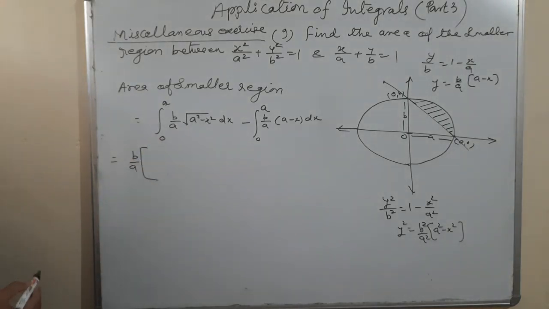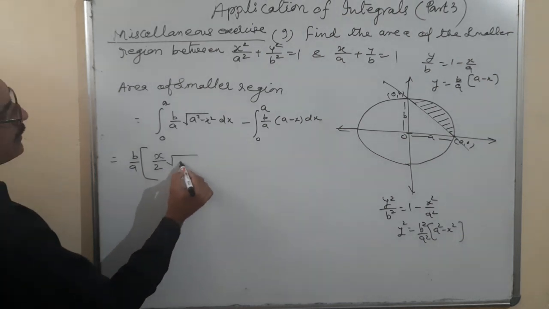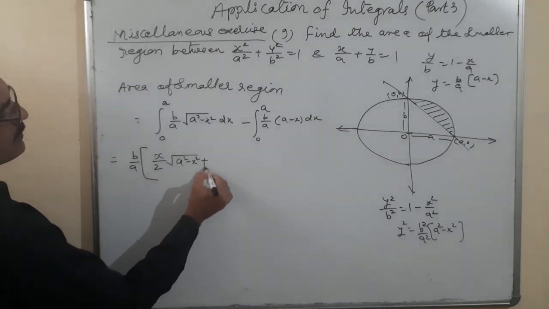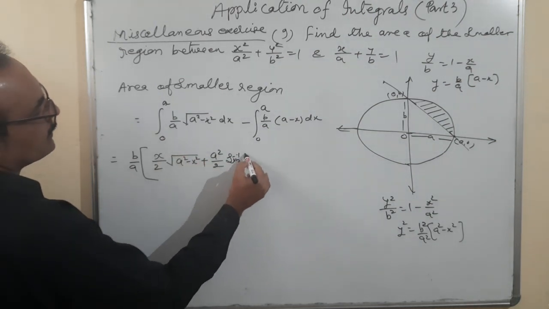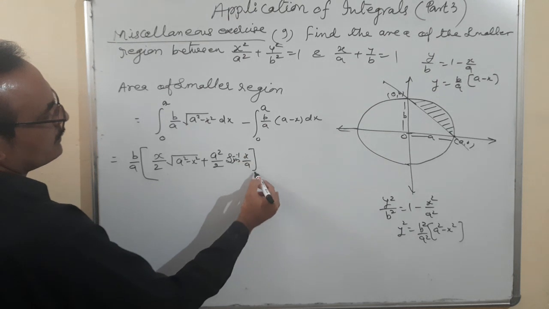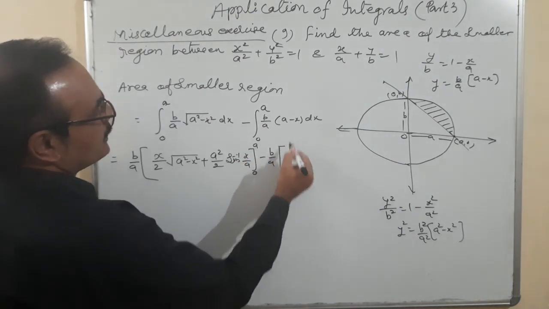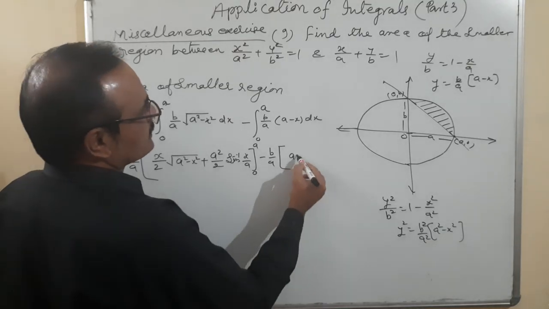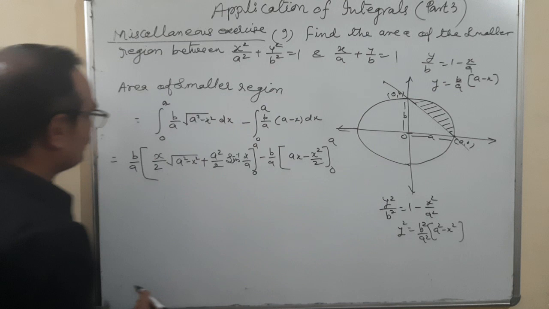Okay. B upon a is a constant term. This is under root a square minus x square times x by 2, plus a square upon 2 sine inverse x upon a, 0 to a, minus b upon a, integration of this term, ax minus x square upon 2, 0 to a. Okay.